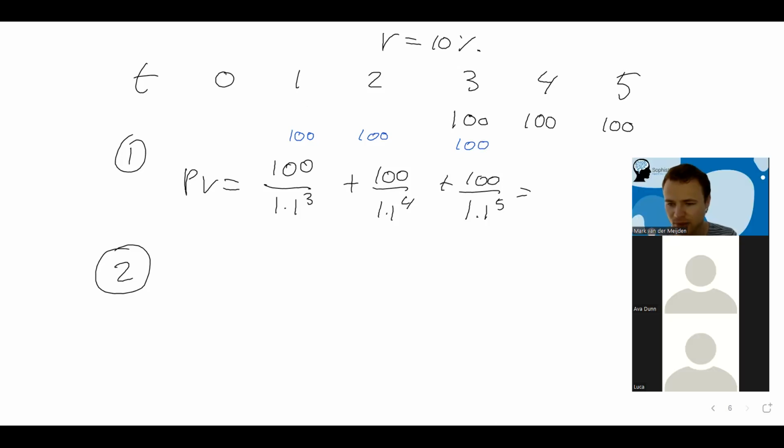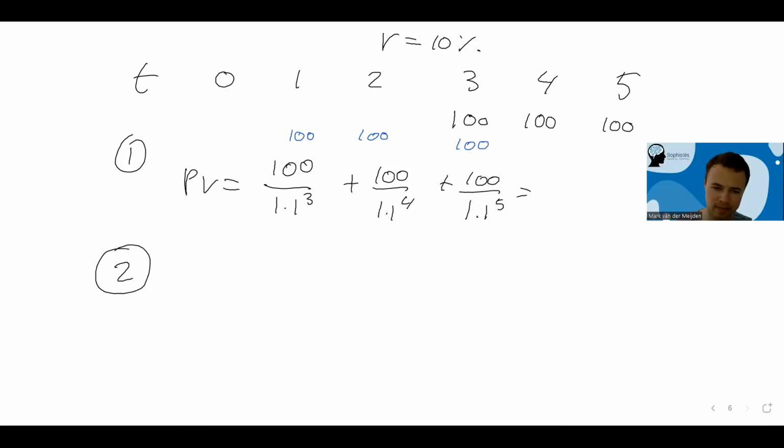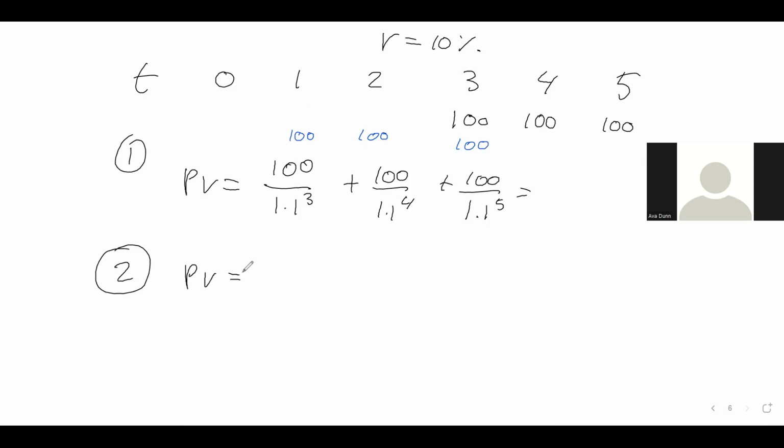And then I'm going to ask Eva, how would you calculate the present value of those blue cash flows? With the formula. Yeah, would you use like the normal formula and then subtract like the first 2 years from it?